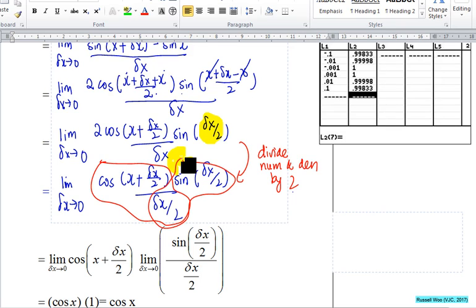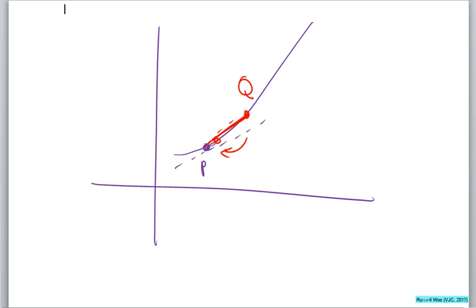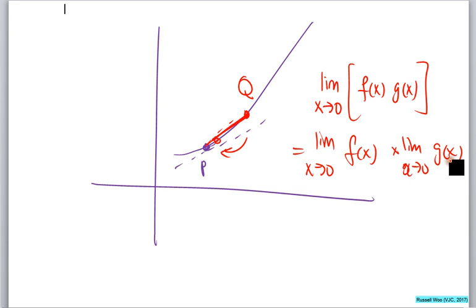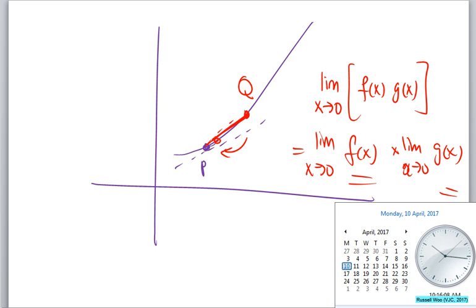That means as delta x tends to 0, I get cosine, and then as delta x tends to 0, I get this. I split them up. Follow? The idea is this: the limit as x tends to 0 of f(x) g(x) is the limit of f(x) times the limit of g(x). So I separate them.